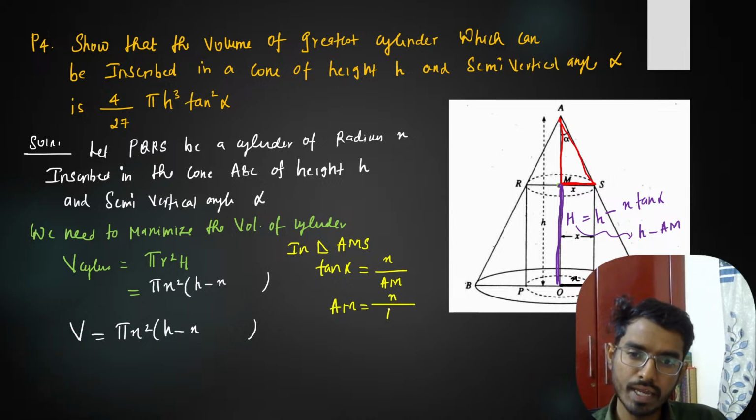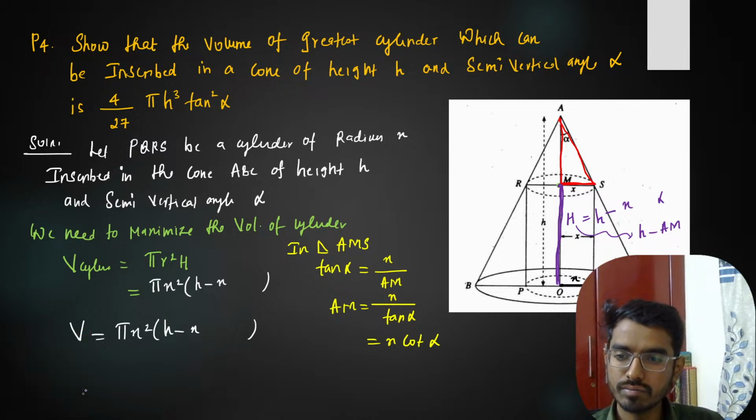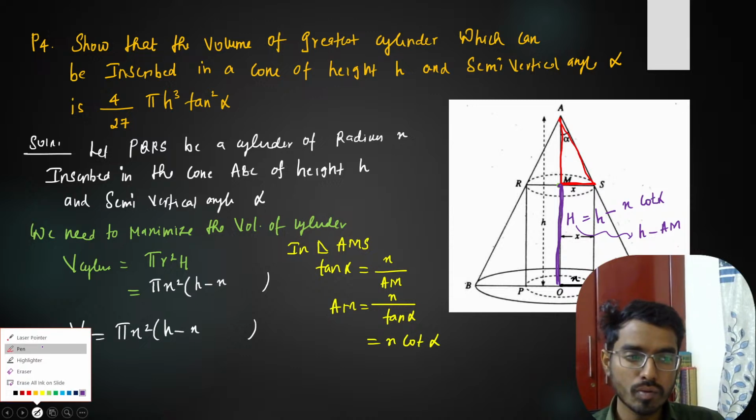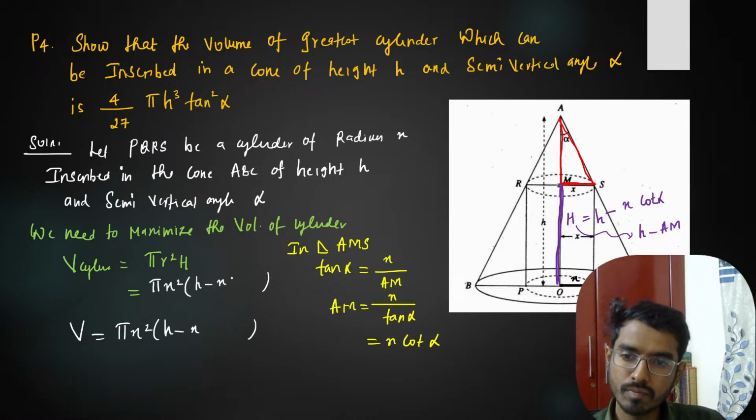AM is x by tan alpha, that means AM is x cot alpha. Sorry. So the volume is pi x square into h minus x cot alpha, and we need to maximize this.